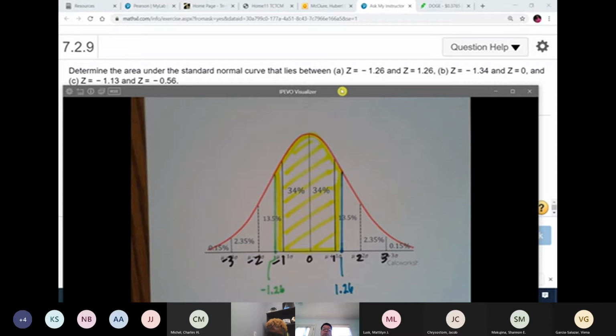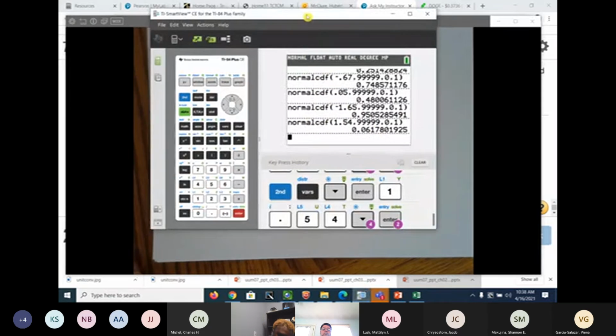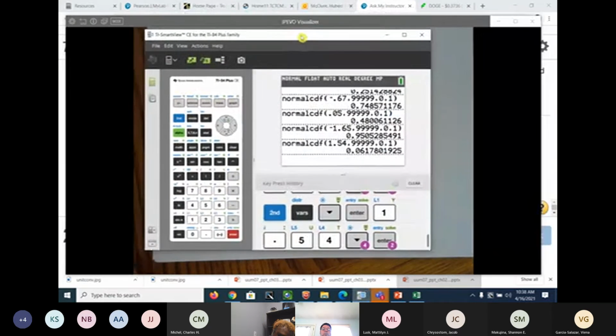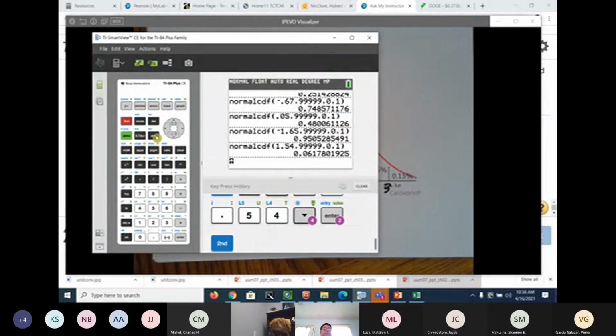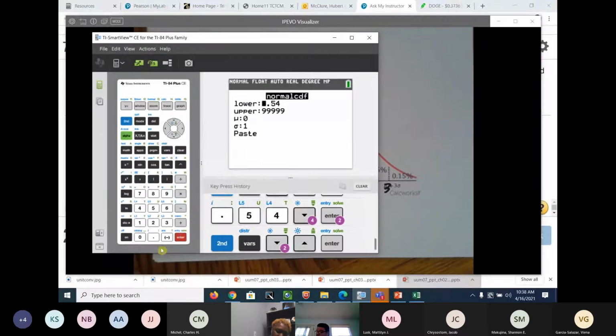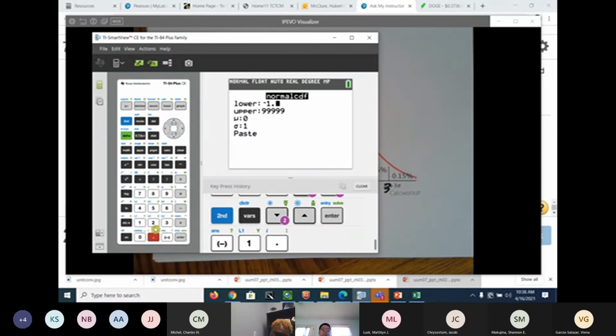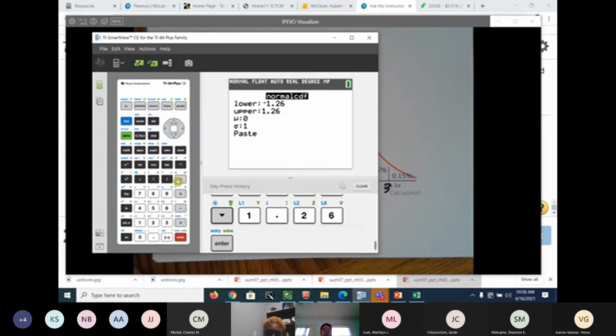So your handy dandy calculator. Normal CDF. From negative 1.26 to positive 1.26. And enter.